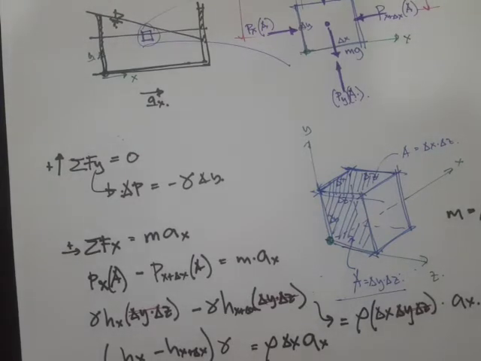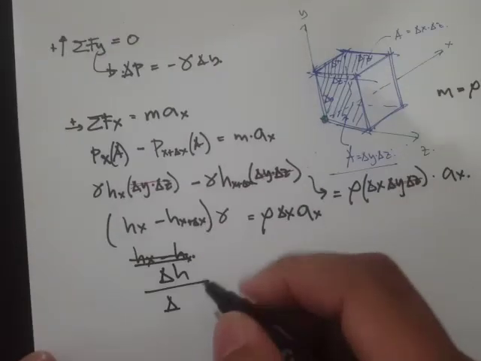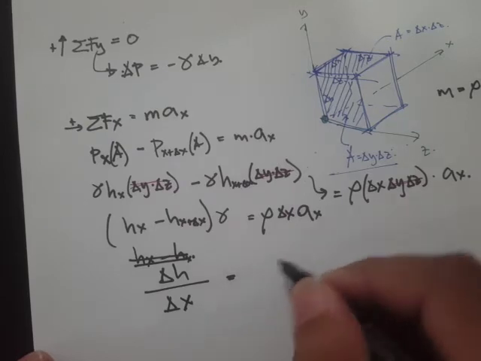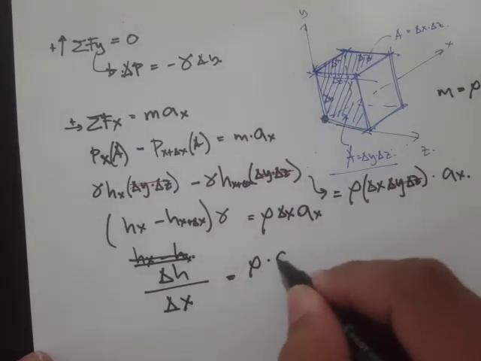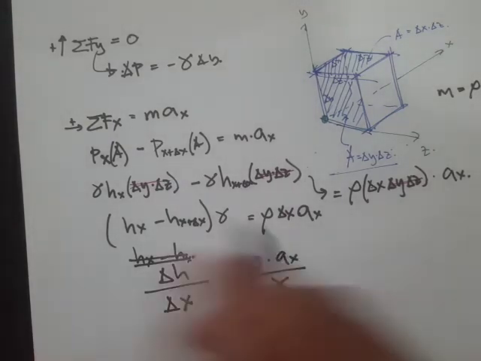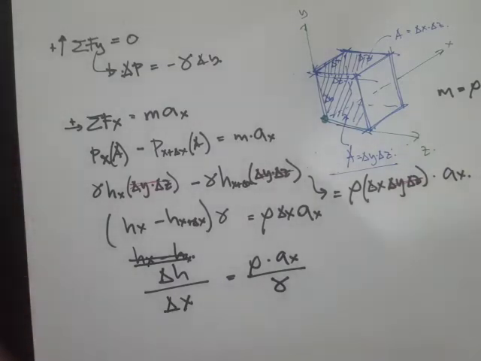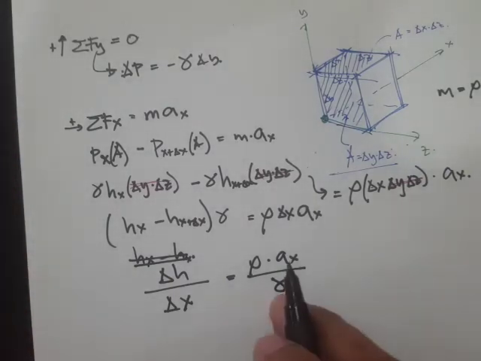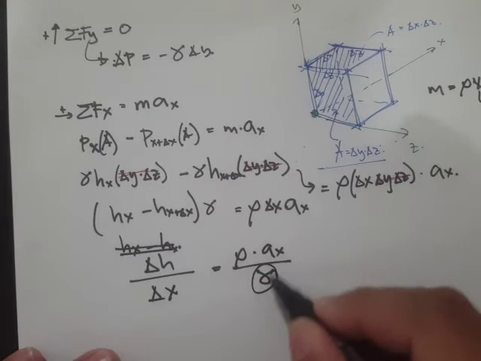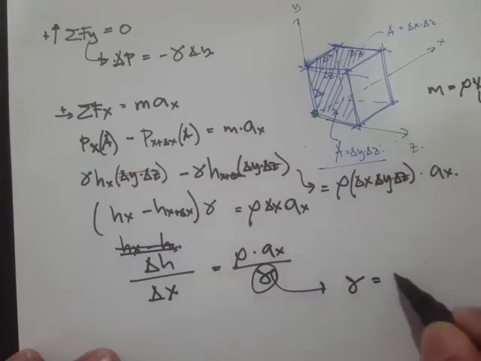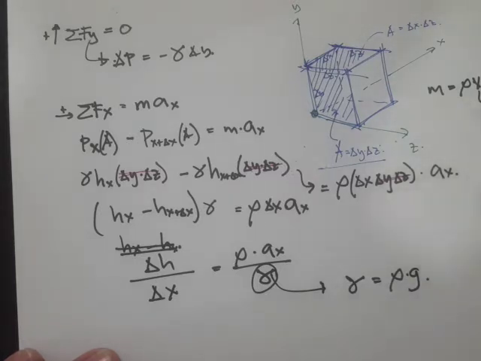So let's combine the geometric terms. We'll just write delta h over delta x is equal to rho times a sub x over the unit weight. But this unit weight is just rho times the gravitational acceleration.